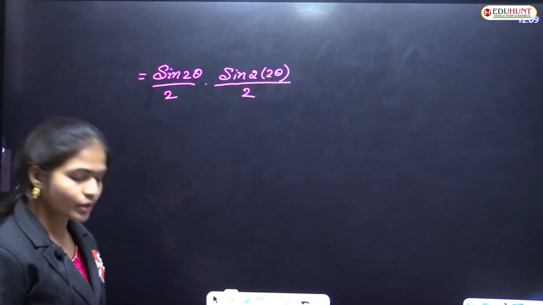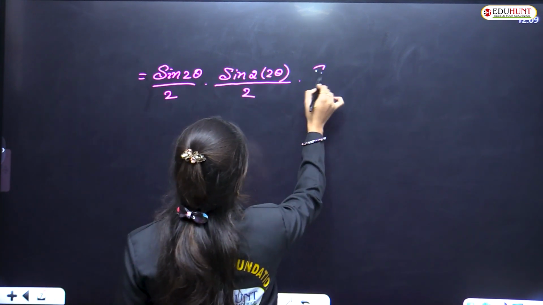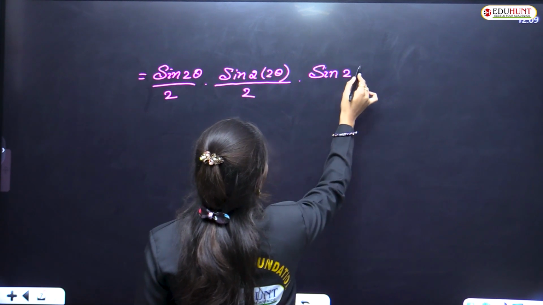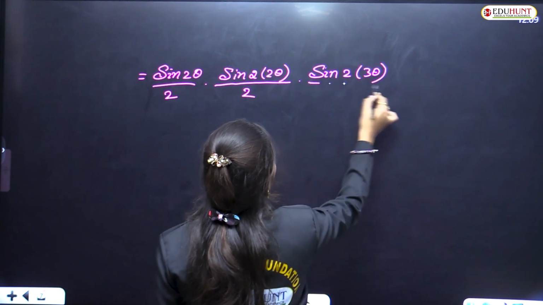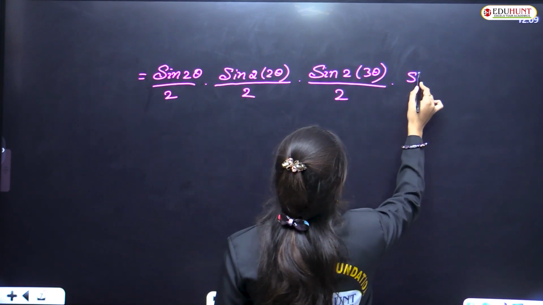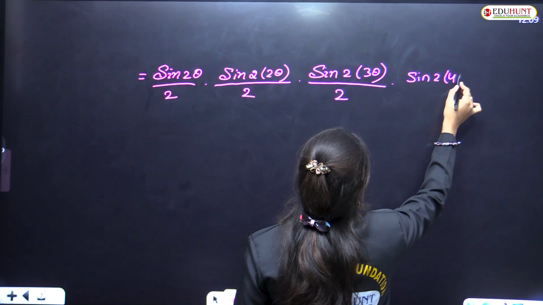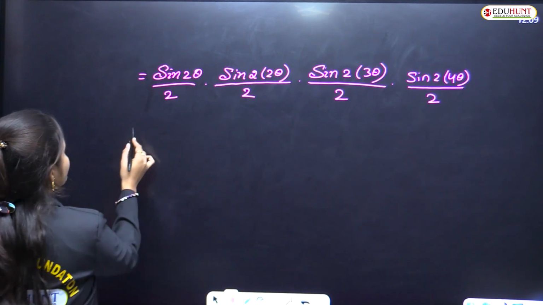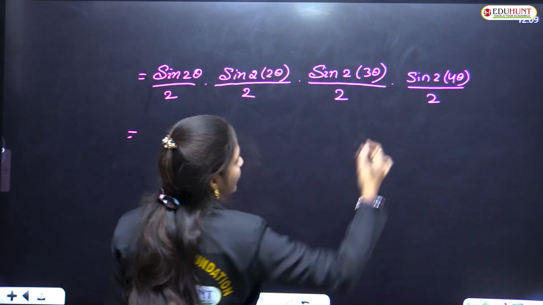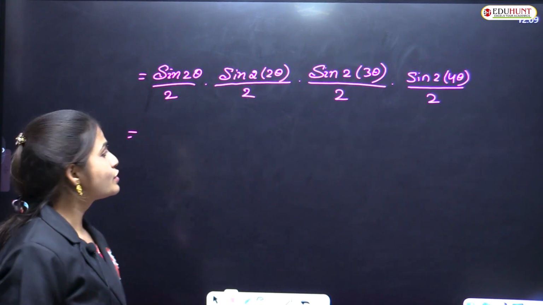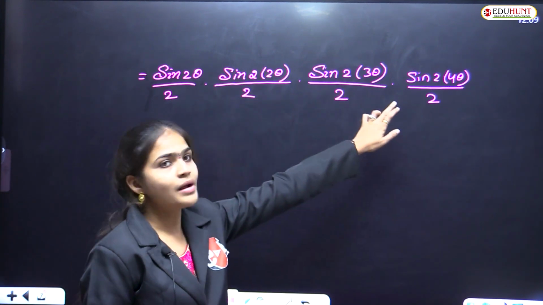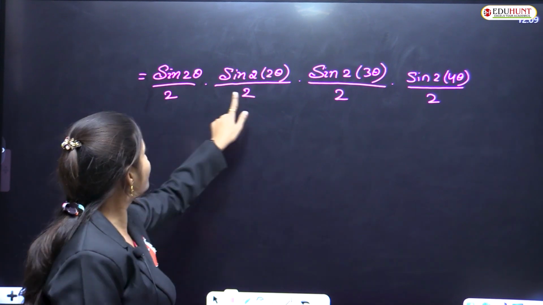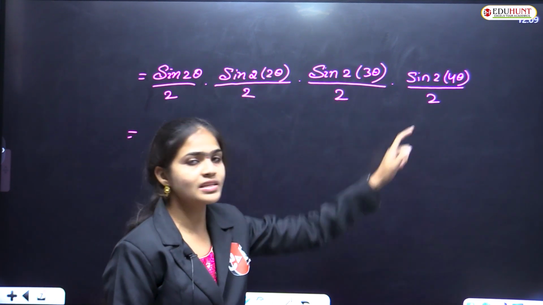Similarly we can write sin 2 into 3 theta whole by 2, and next sin 2 into 4 theta whole by 2. Am I clear? In all cases we have by 2, and in the middle we have the multiplication symbol. So 2 2s are 4, 4 2s are 8, 8 2s are 16.